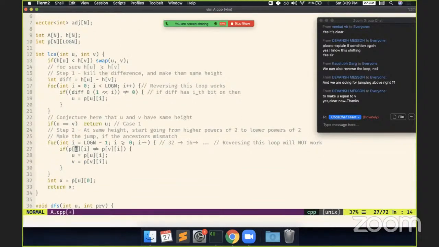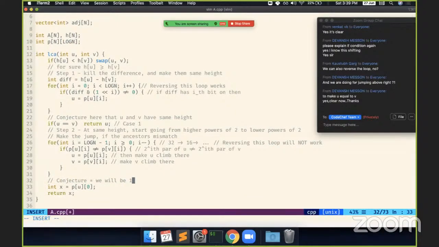And then for each one, if the 2 to the power ith parent of U and of V mismatch, we jump. And we claim, and eventually conjecture here, what was the conjecture? That we end up 1 step away from the LCA, right?